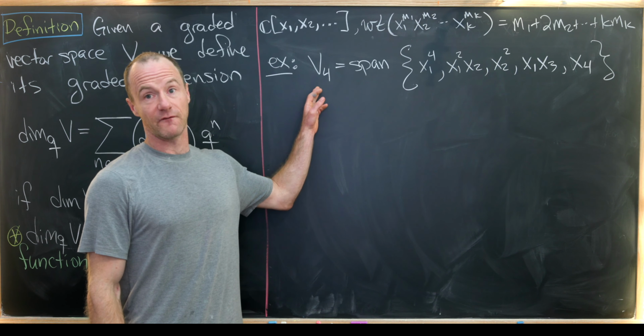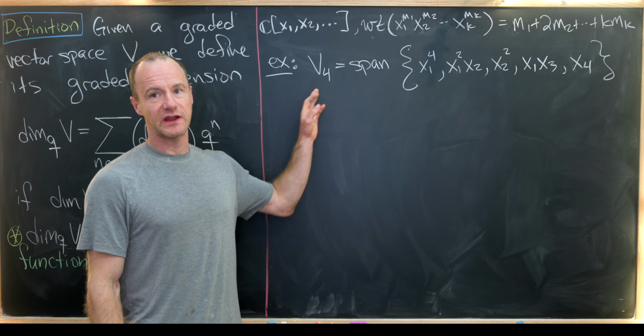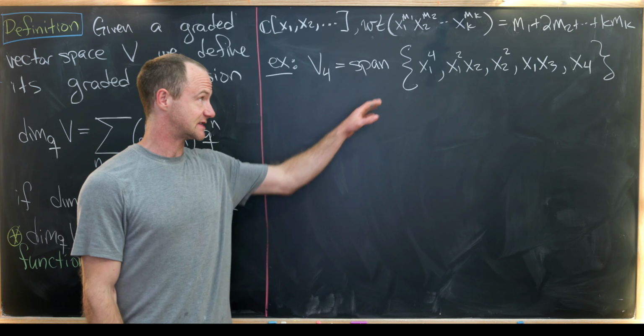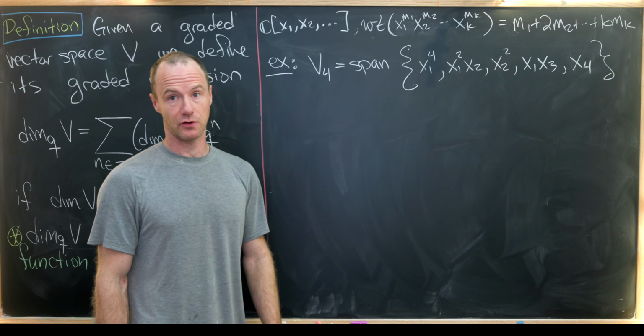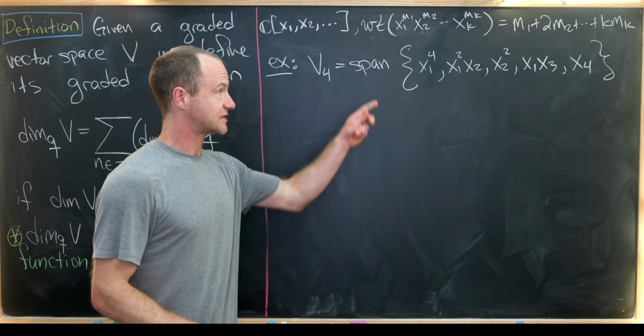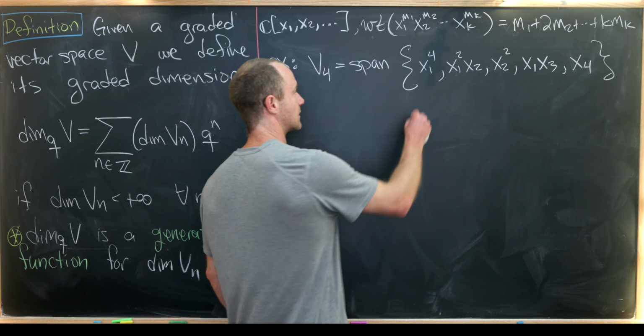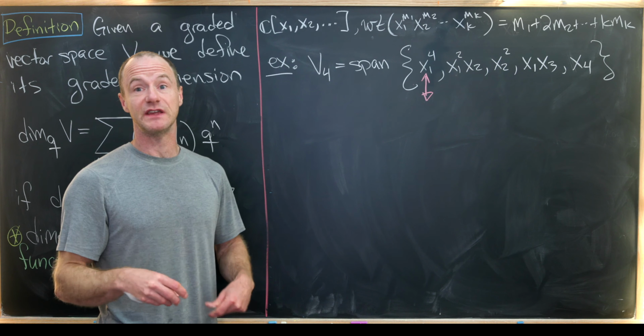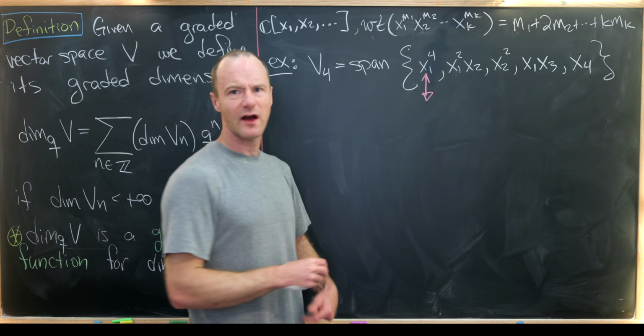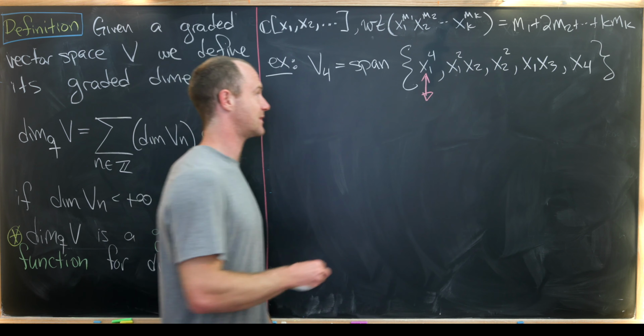So if we were to look at the fourth graded component, we could find its basis pretty easily. It's the basis of the following monomials. We have x1 to the fourth, x1 squared x2, x2 squared, x1 x3, and x4. And you might notice that these are exactly related to the integer partitions of 4. I've made some videos on integer partitions in the past.